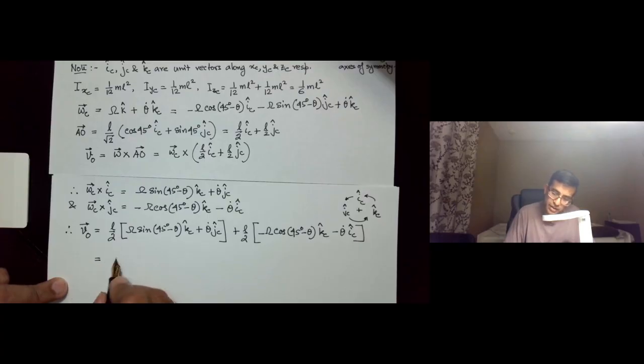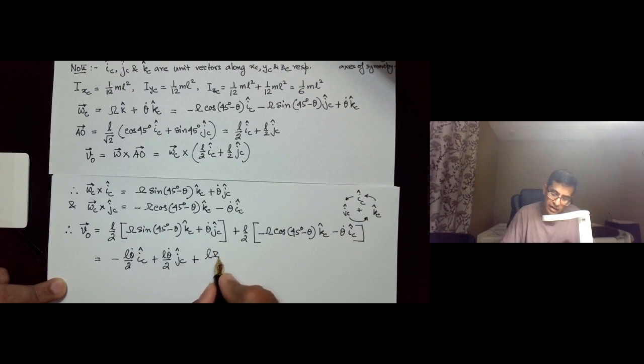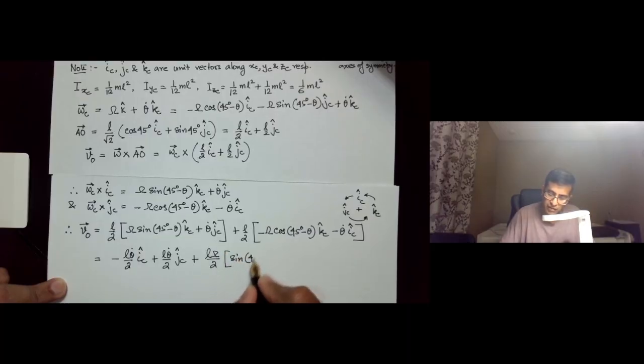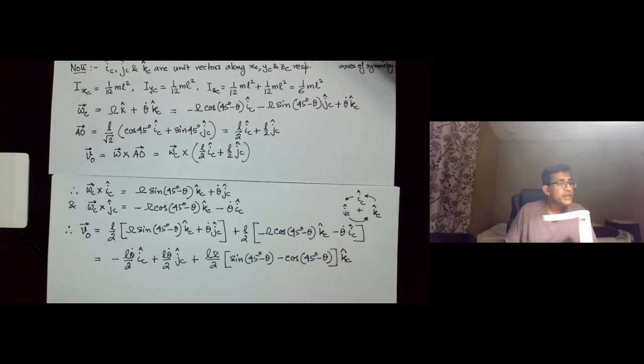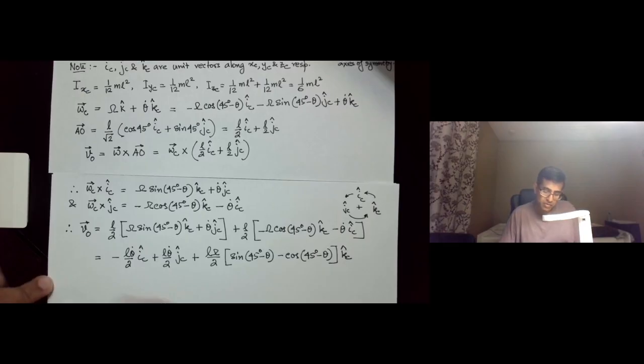Or in other words, this becomes minus L theta dot over 2 IC plus L theta dot over 2 JC plus L capital omega over 2 times sine 45 degrees minus theta minus cosine of 45 degrees minus theta KC. Let me just check if I have the right expression. Yes, the right expression.